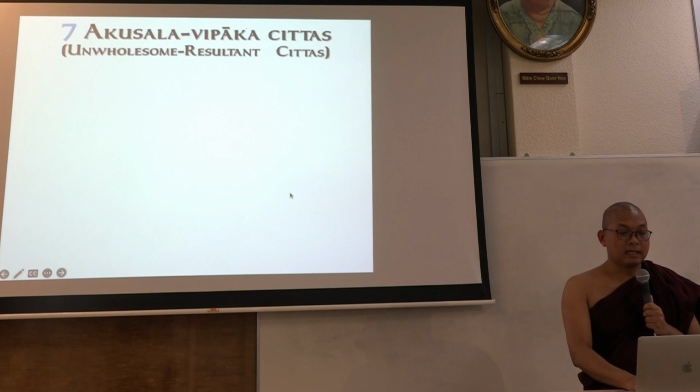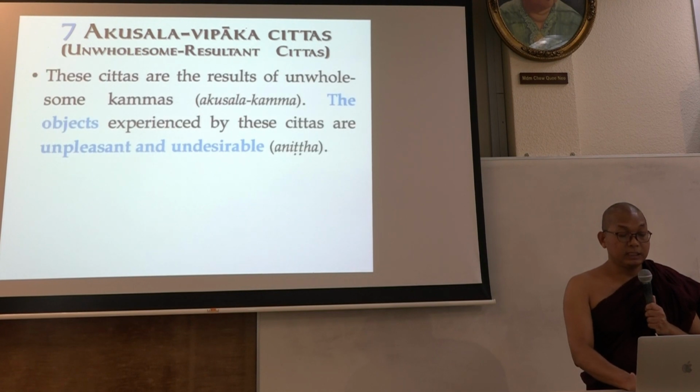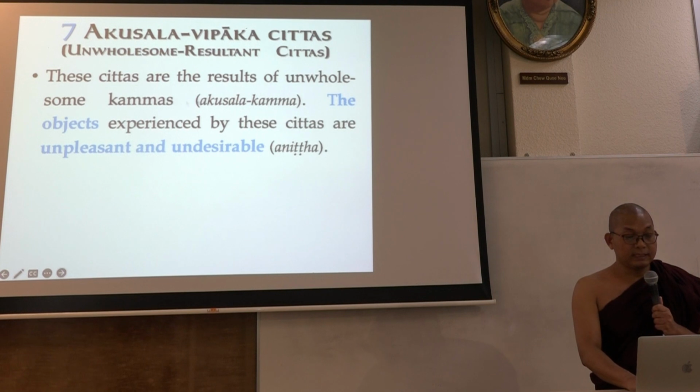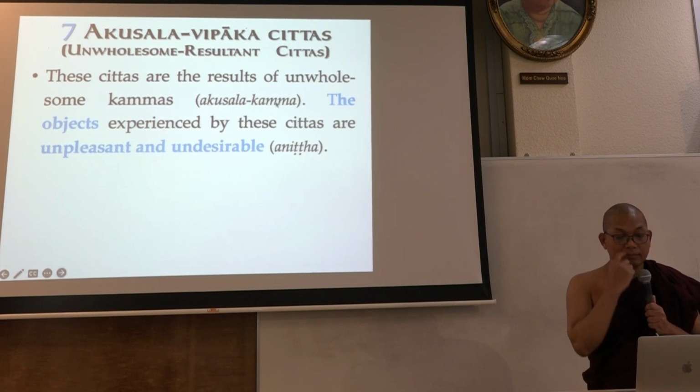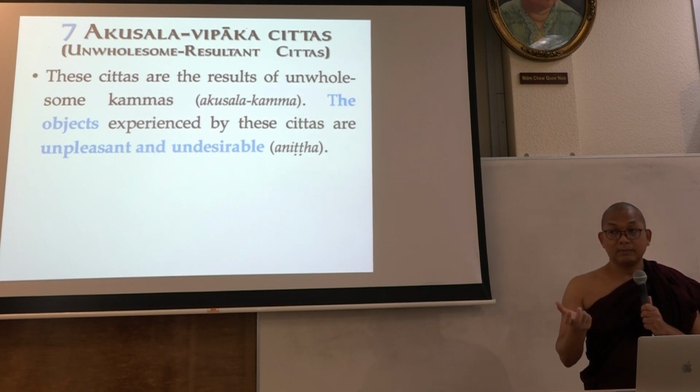Okay, so number 7, akusala vipaka chaitas and wholesome resultant chaitas. These chaitas are the result of unwholesome karma, akusala karma. If you have done something bad, you will experience an unpleasant result.